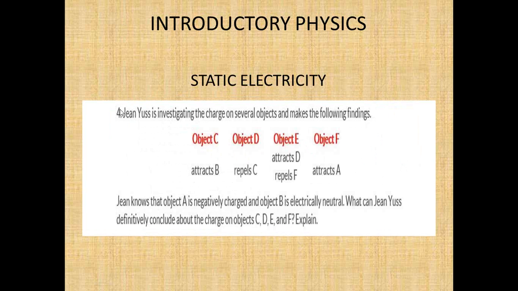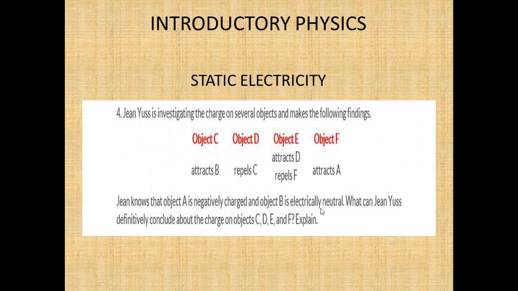Okay, all right. Let's look at question 4. Genius is investigating the charge on several objects and makes the following findings. So you have object C, object D, object E, and object F. Object C attracts object B. Object D repels object C. Object E attracts D and F, and object F attracts A. They want you to do this: Genius knows that object A is negatively charged and object B is electrically neutral.